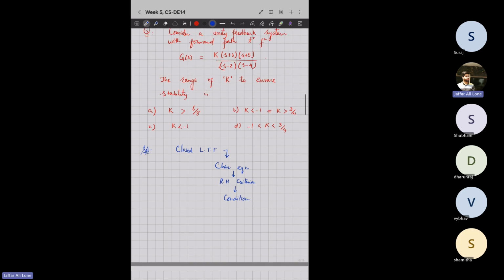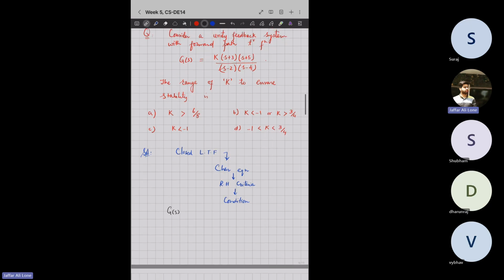We are given an open loop transfer function, G of s. But for stability, we always check the roots of the characteristic equation, which comes from the closed loop transfer function. So basically, we will find the CLTF. Also, it is given as unity feedback.